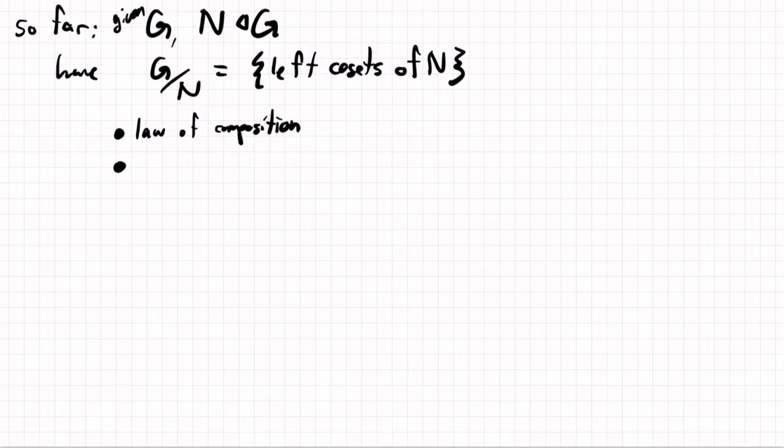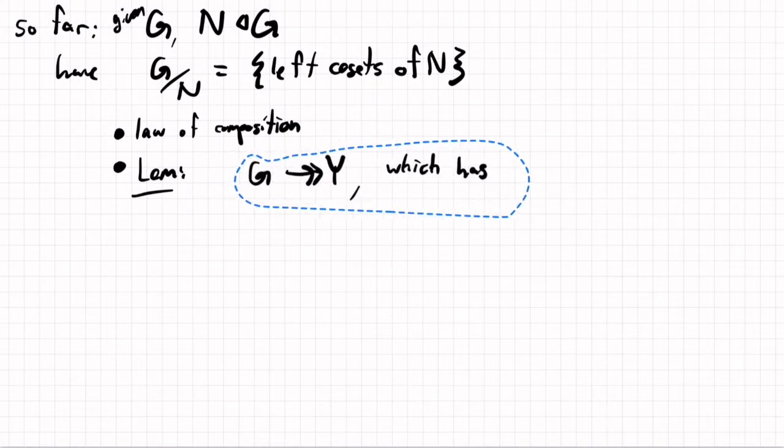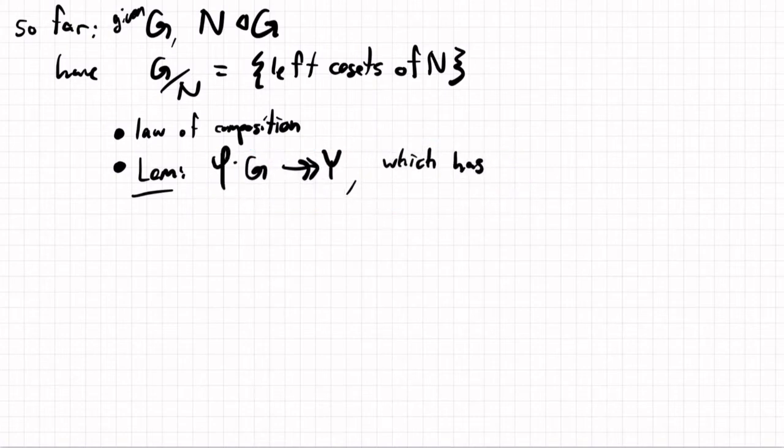We've shown that, and then we've proved this lemma: that if there's a surjective map from G to Y, which we better call something. I was calling it P earlier, P for projection.